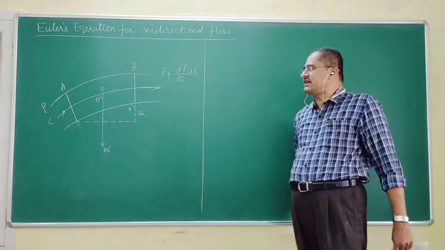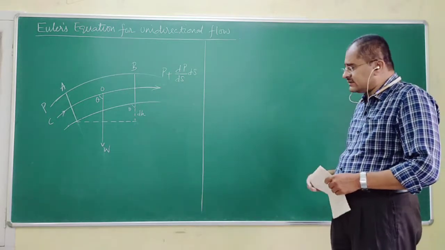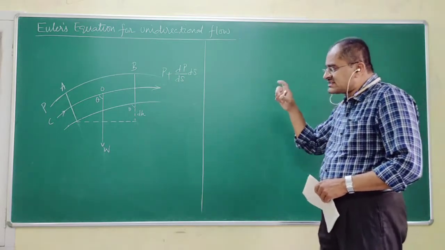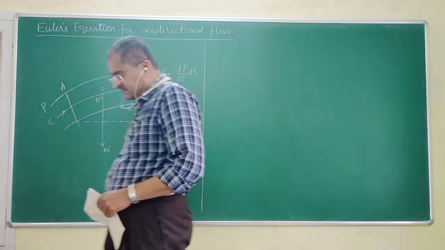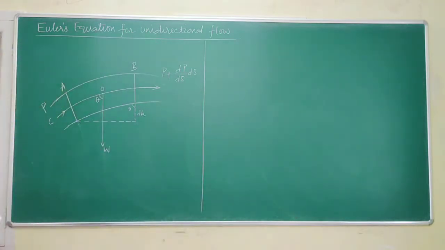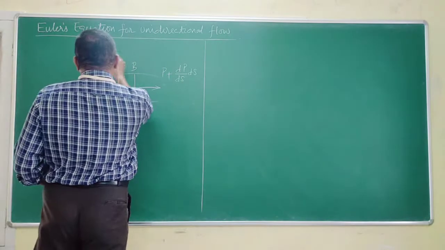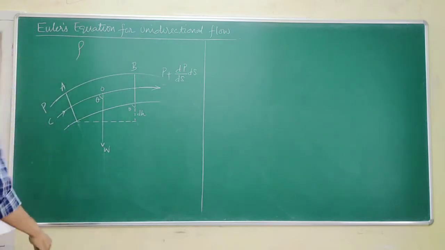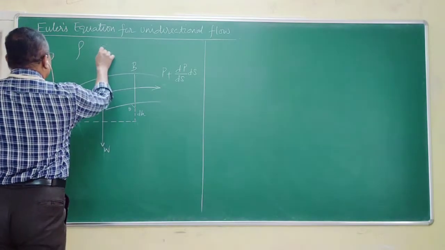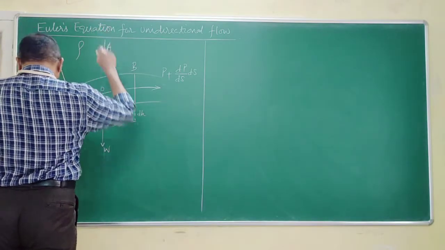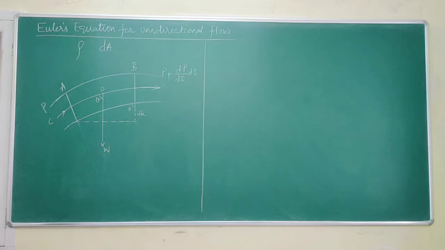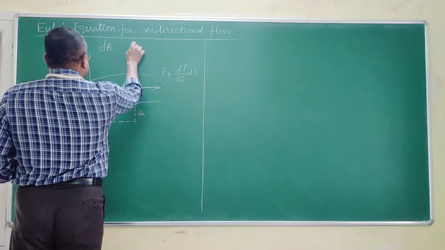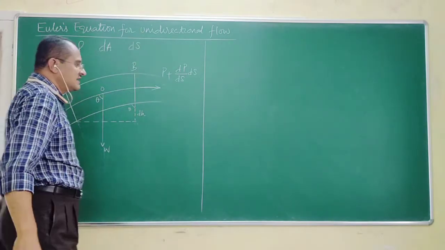So what does the diagram tell us? Here we are considering a very small element AB. AB is a small element of a flowing liquid. Let rho be the density of the liquid, dA be the area of cross section of the element, and ds be the length of the element.